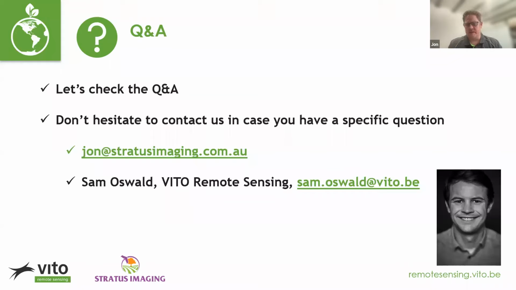And exactly that, Stratus Imaging are now getting a whole new system of the latest drones, the latest multispectral cameras and thermal as well, and exceptional high resolution RGB cameras to make sure that what you've been showing here, Sam, we can deliver.